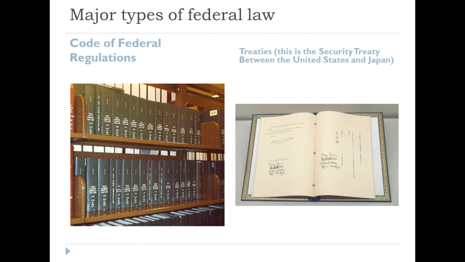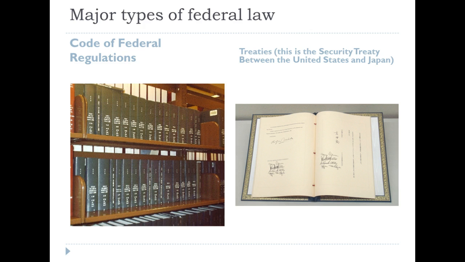And finally, there are, of course, treaties that are entered into between the United States and foreign countries. This is just a picture of the security treaty between the United States and Japan. This is a much less common type of case that would arise under federal law.